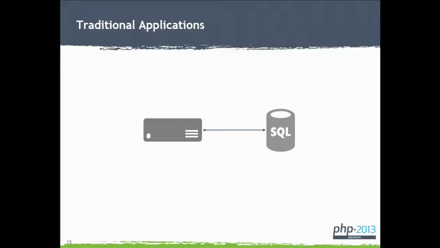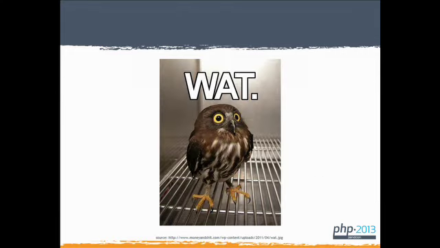The problem you start running into is you have way too many pieces of information that you're trying to store really quickly, especially in something like a social application, and one of those pieces is going to fall over eventually. So everyone's like, okay, wow, this doesn't work anymore.